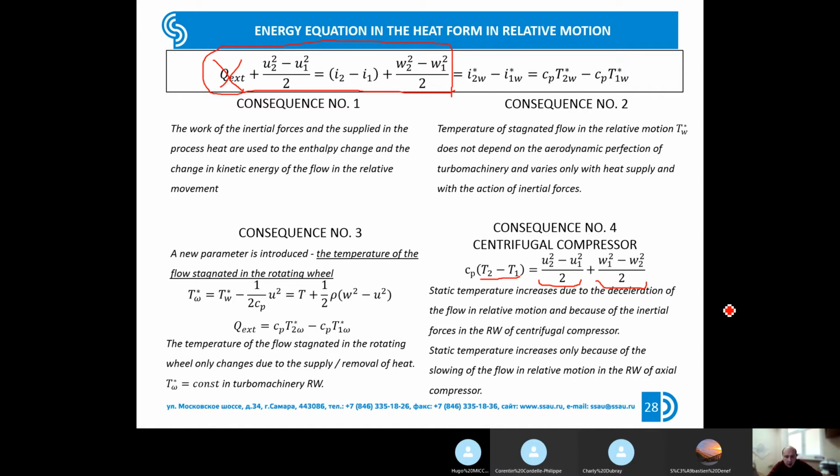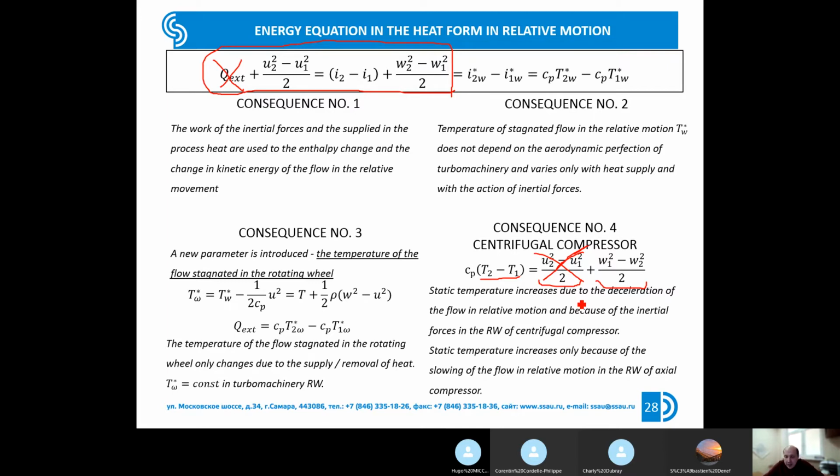This is for a centrifugal compressor or for a common compressor. If we speak about the axial compressor, this term leads to zero, and that's why for the axial compressor stage the static temperature will increase because we are breaking the flow in relative motion.